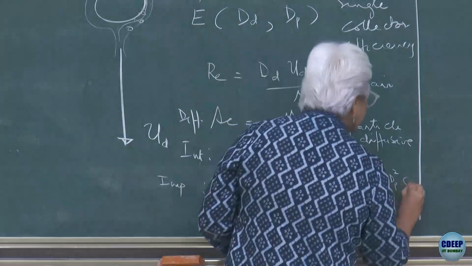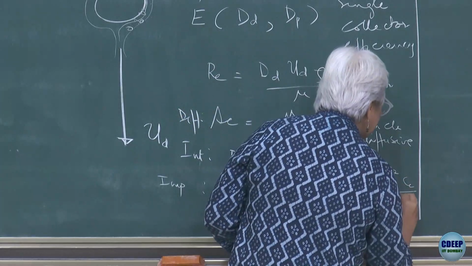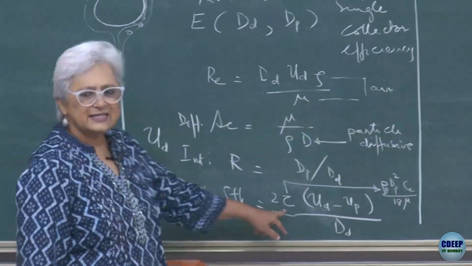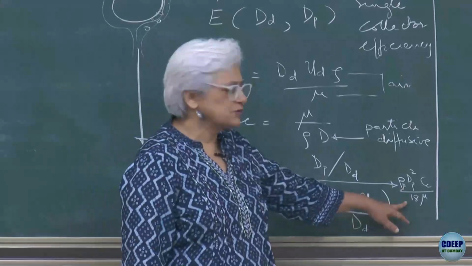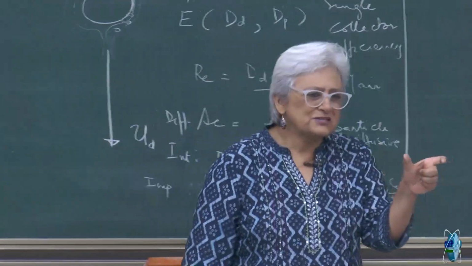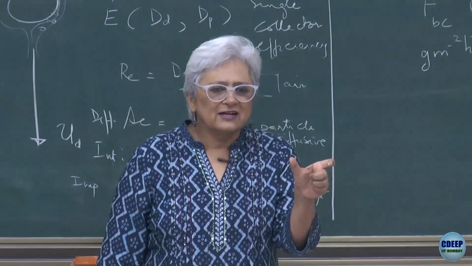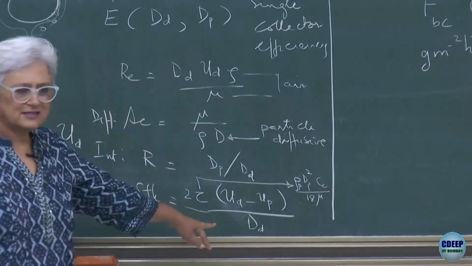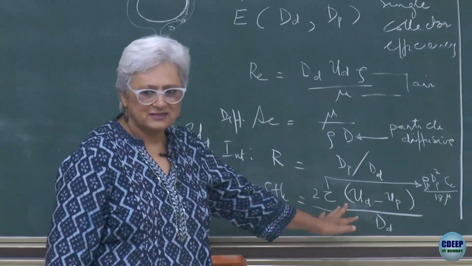So it is rho p dp squared Cc by 18 mu, and because of this idea, the 2 over there is to make it a 9 mu, to essentially assume that really it is the half diameter that should be accounted for over here, right?